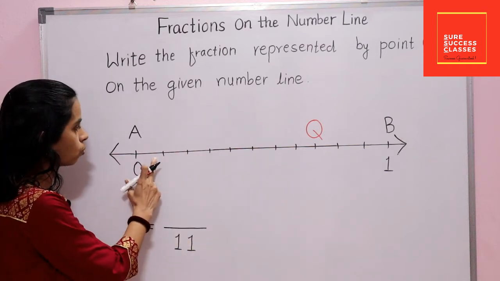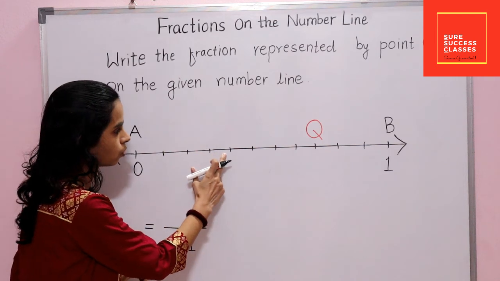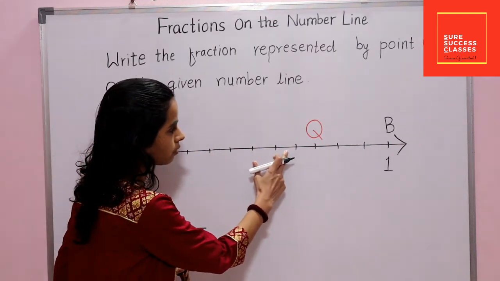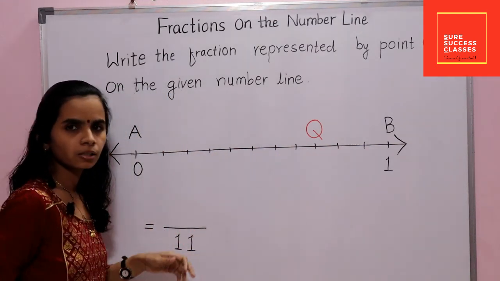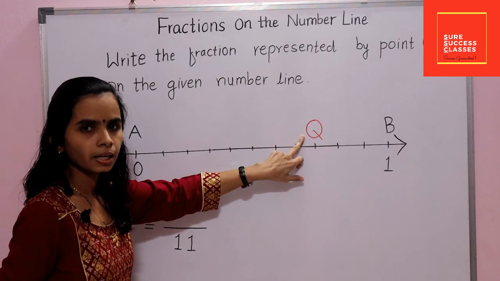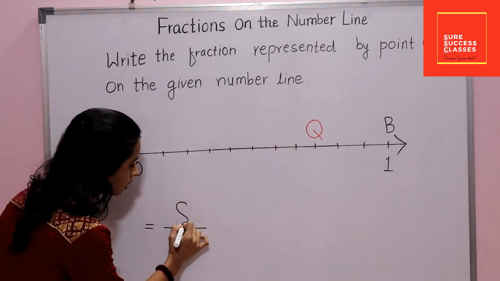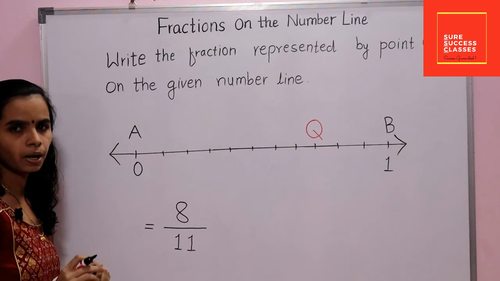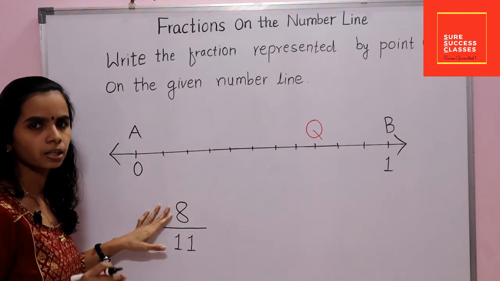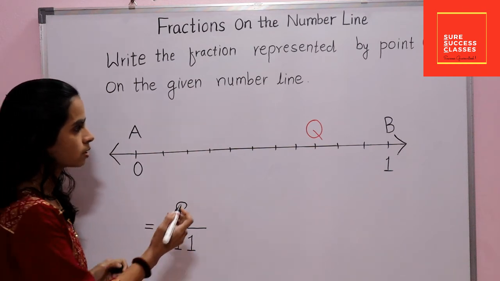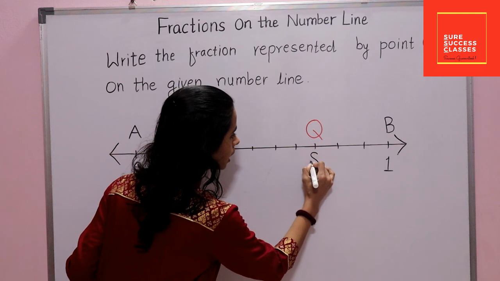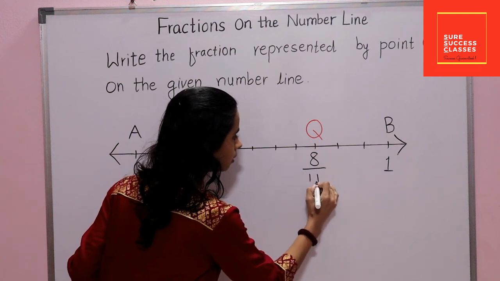Start from 0. 1, 2, 3, 4, 5, 6, 7, 8. So point Q is at the 8th place. Out of 11 equal parts, 8 parts are considered. So this Q represents the fraction 8/11.